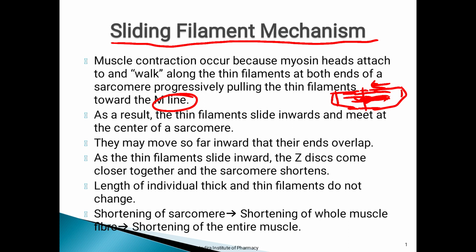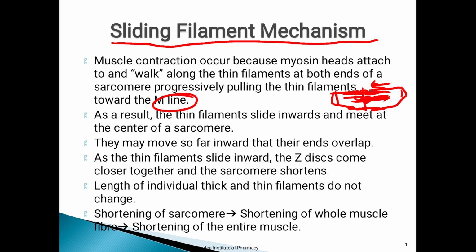They may move so far inward that their ends overlap. So they will move in such a way that both the ends of the actin filaments will overlap.